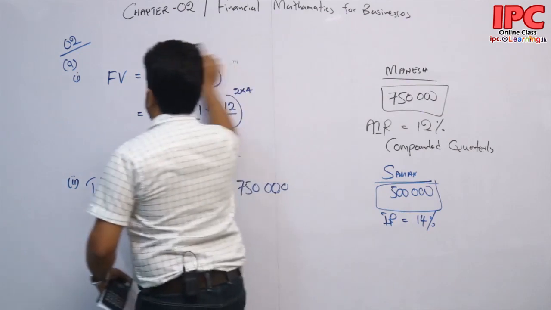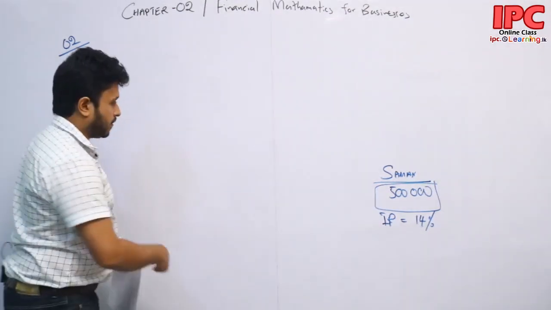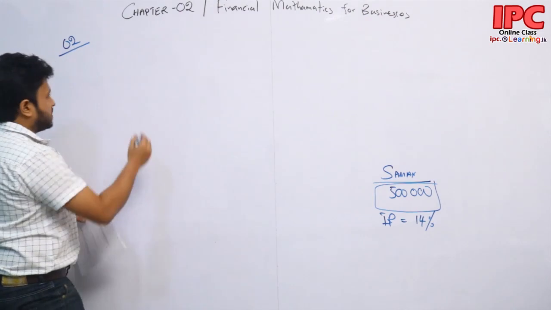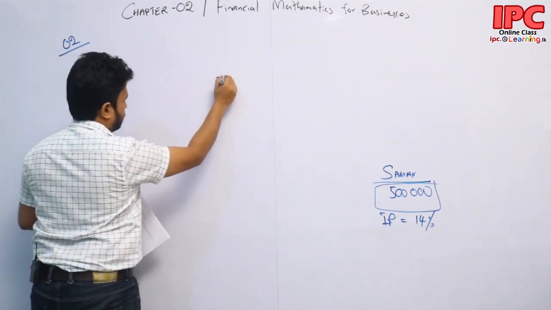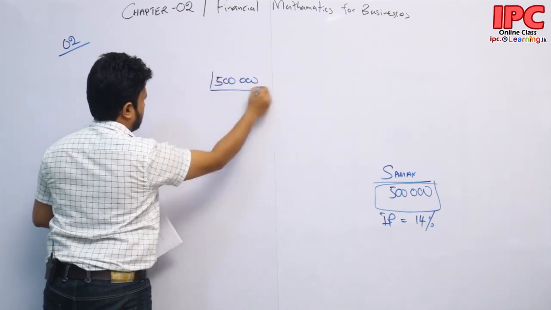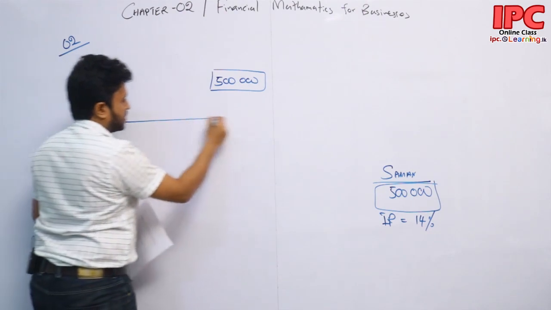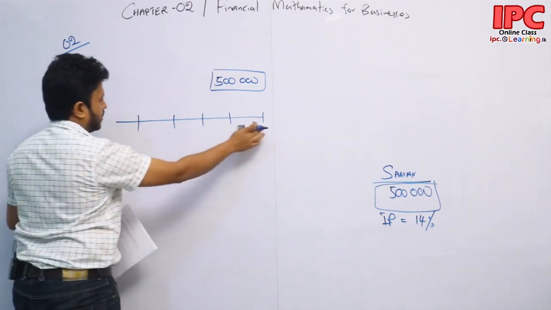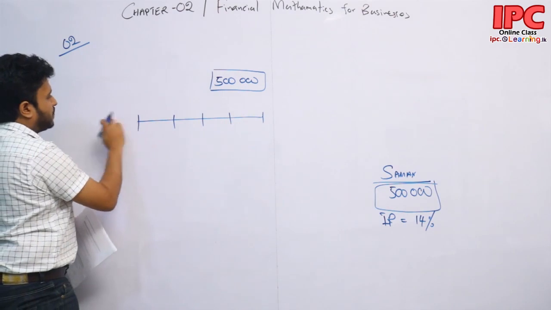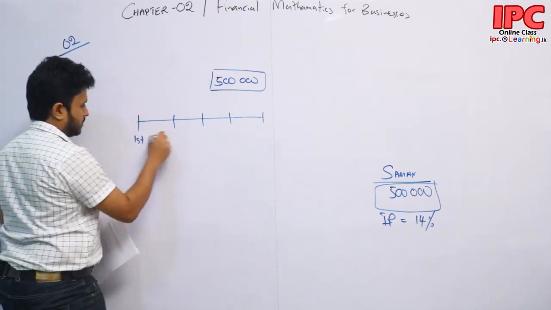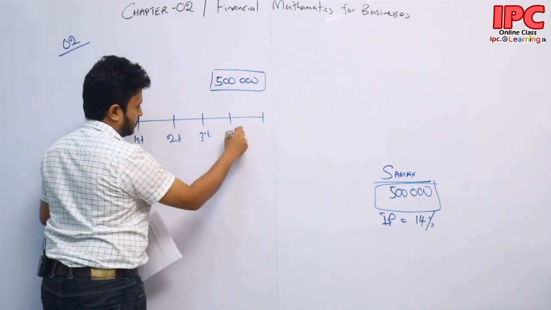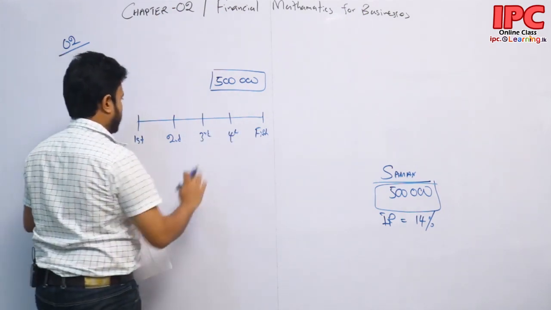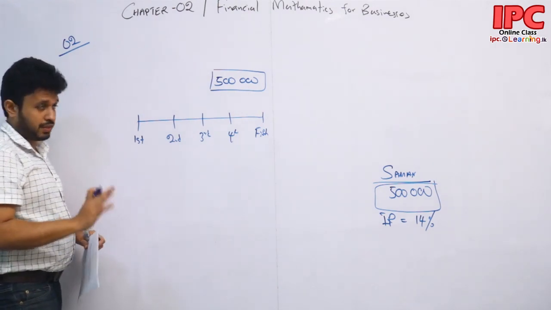Someone is taking 500,000 as a loan, and he should settle this loan in 5 installments, first, second, third, fourth, and after the 5th installment is paid, his loan liability is set off.